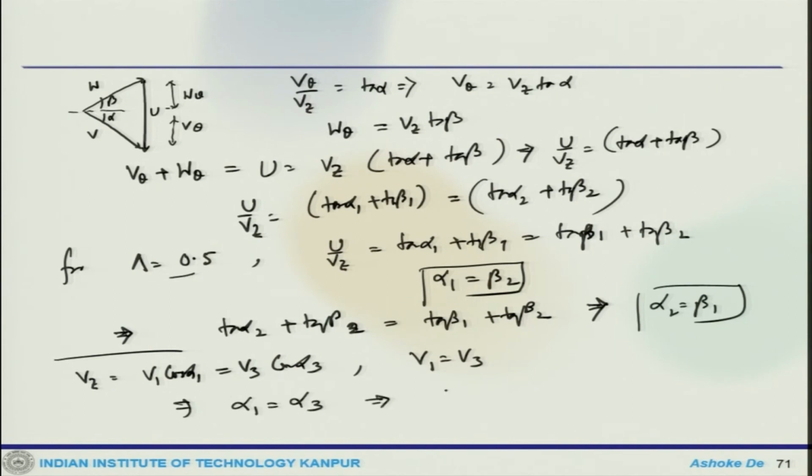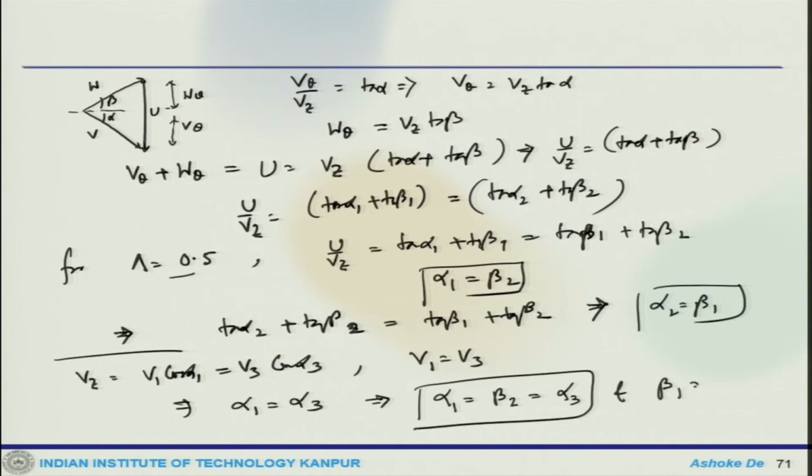So, that means alpha 1 equals beta 2 equals alpha 3, and beta 1 equals alpha 2. When we get these angles like this, this kind of design is called symmetrical blading. Okay. So, the blade design will look like that.